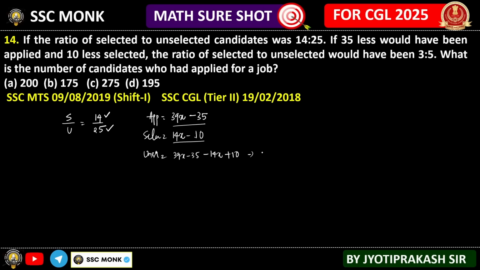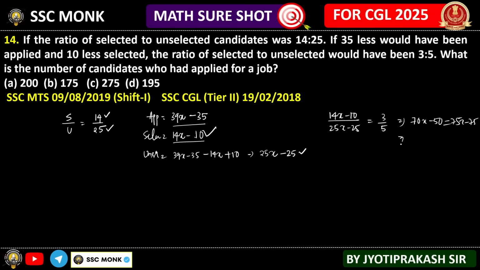This can be written as 25x minus 25. So selected to unselected ratio, 14x minus 10 divided by 25x minus 25 is equal to 3:5. You cross multiply: 70x minus 50 is equal to 75x minus 75.